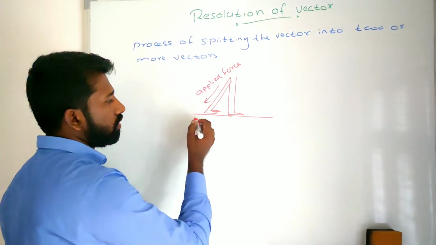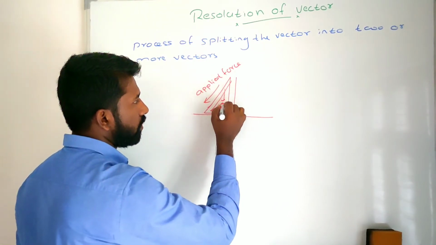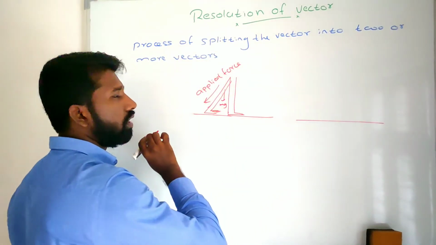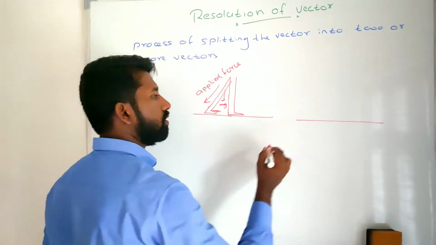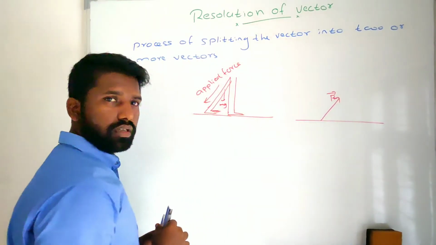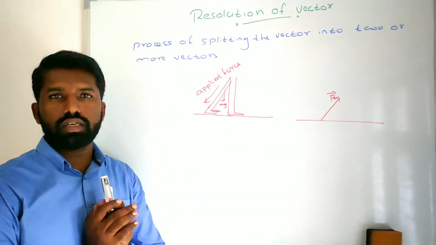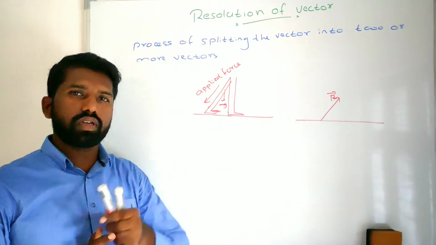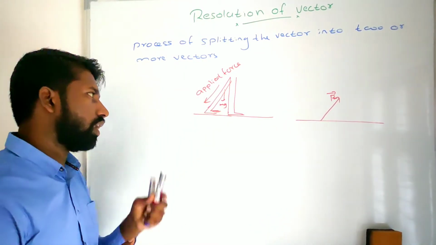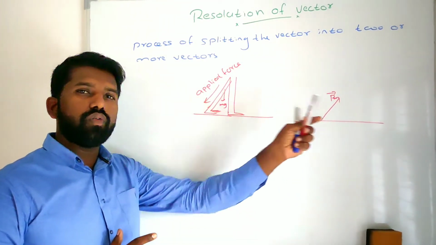So what forces are acting on this object? There is an applied force acting in this direction, and downward mg is there. So the surface will exert an opposite reaction. This reaction makes you move forward. That means I can say that some part of this reaction is used for balancing the mg and some part of this reaction is used for forward motion.